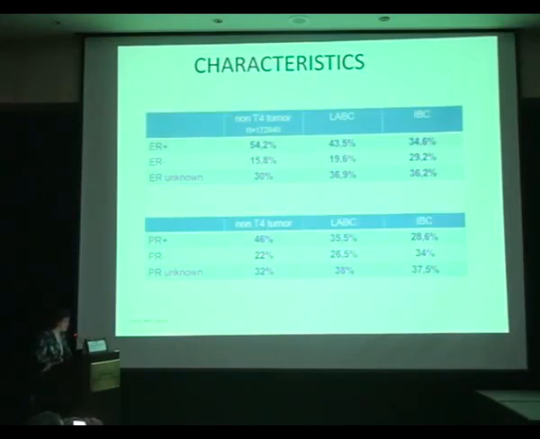In terms of ER and PR positivity, inflammatory breast cancer has a little less ER and PR positive cases, more negative cases, but it's not very different from locally advanced breast cancer.